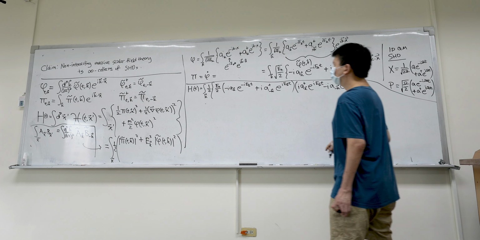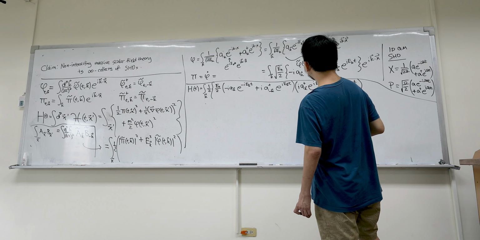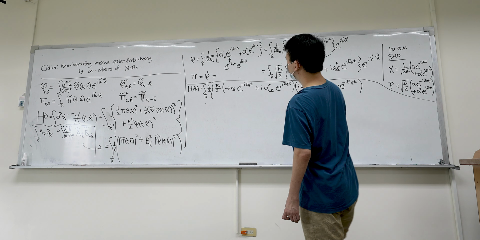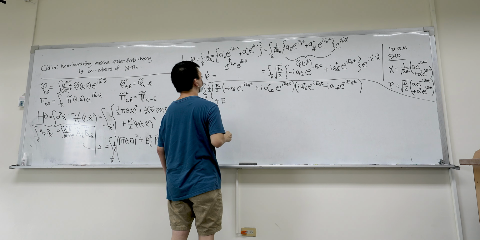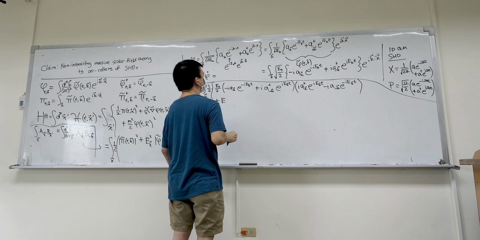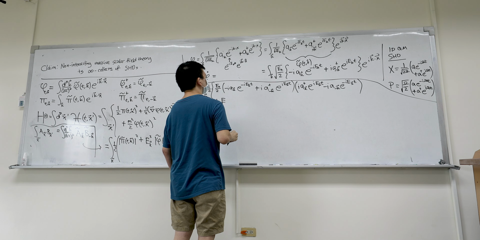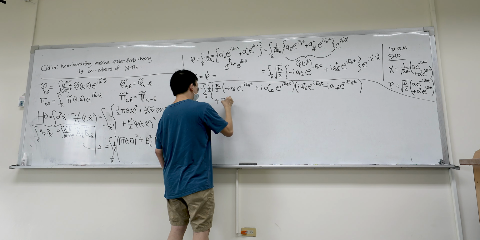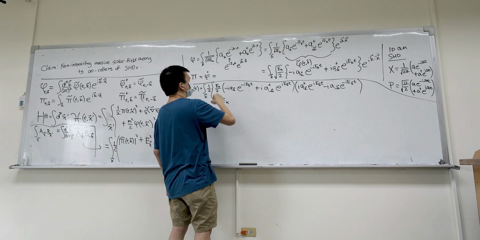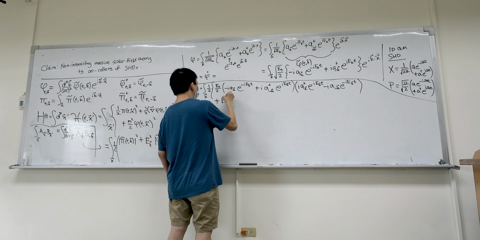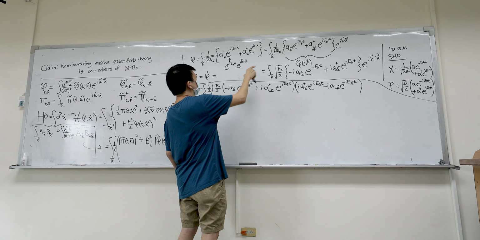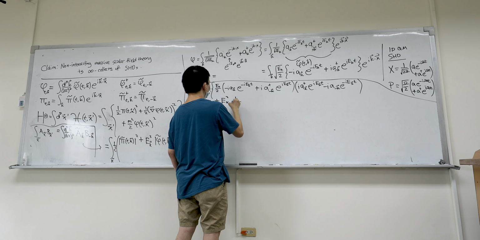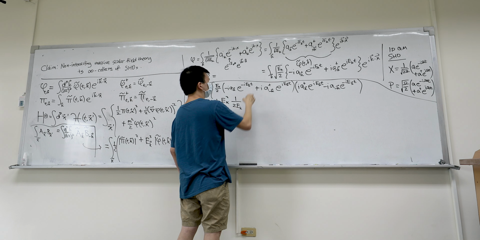Okay, and then we've got to plug in the e_k, phi tilde, e_k squared from here times phi tilde squared, which is 1 over 2, okay, from that.